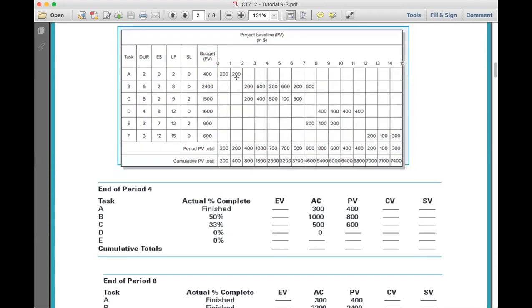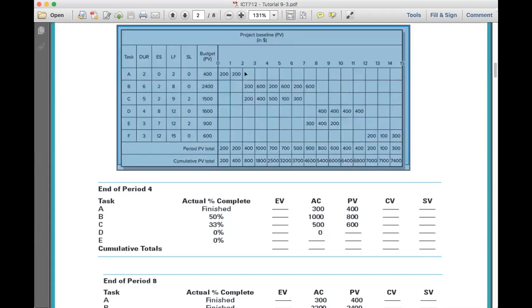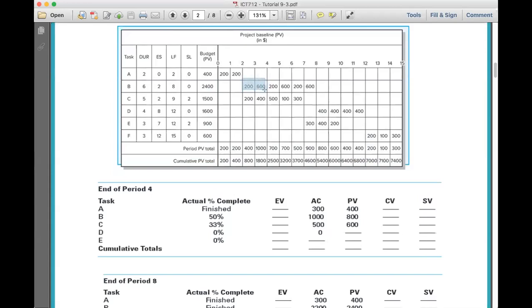If you're talking about planned, you'll only report till the end of period 4, versus earned value. Earned value is comparing against the overall cost. Planned value is only comparing how much you were planning to spend at any point of time. So earned value is always calculated by comparing to the overall cost of that activity.